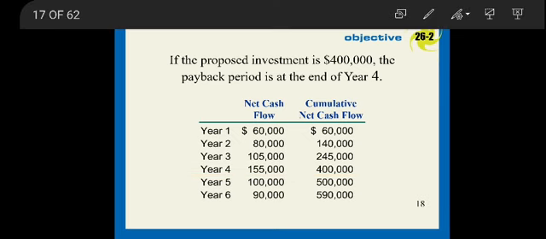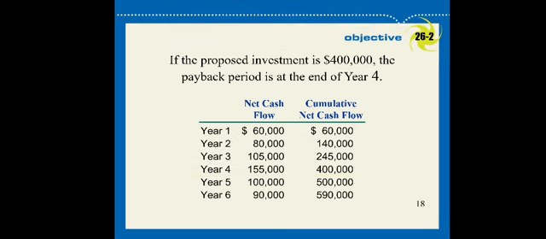So for the cash payback method, let's say you are a manager, and you want to purchase a building for your business, and you have 3 choices: building A, building B, and building C. Okay, and then you use the cash payback period method.